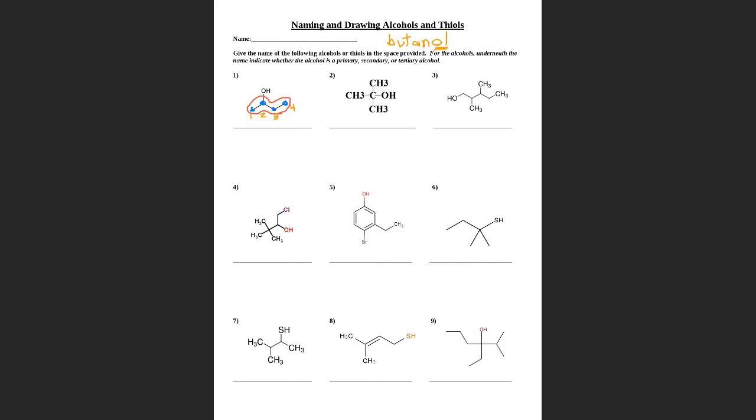So you do the same first part as if it was an alkane, but you take off the E and add OL. So this is going to be butanol, but I also have to indicate where the OH group is, so I put the number, so it's 2-butanol. So that's pretty straightforward, similar to what you've done before.